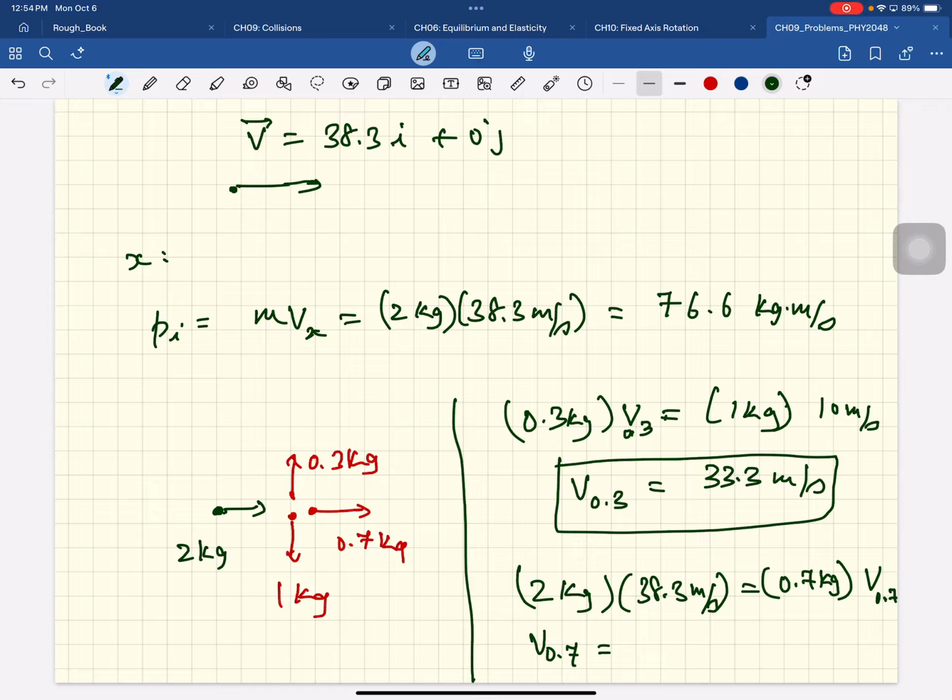And so the velocity of the 0.7 kg guy is 109.4 meters per second.